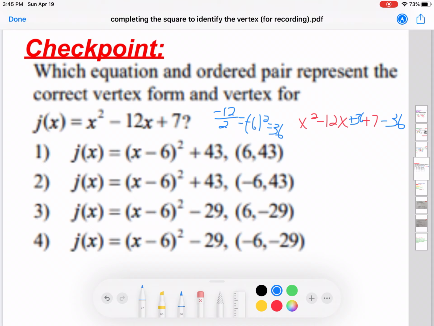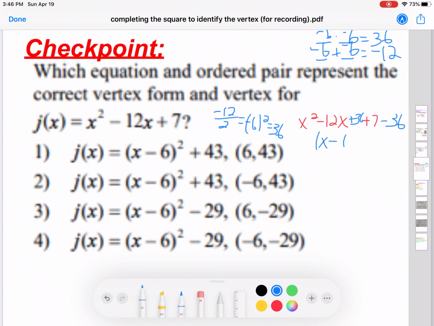To factor here, you should have asked yourselves what two numbers multiply to give you your new C, which is positive 36, and add to give you -12. So you should have listed out the factors of 36, and you should have chosen -6 and -6, because -6 times -6 gives you positive 36, and -6 plus -6 gives you -12.